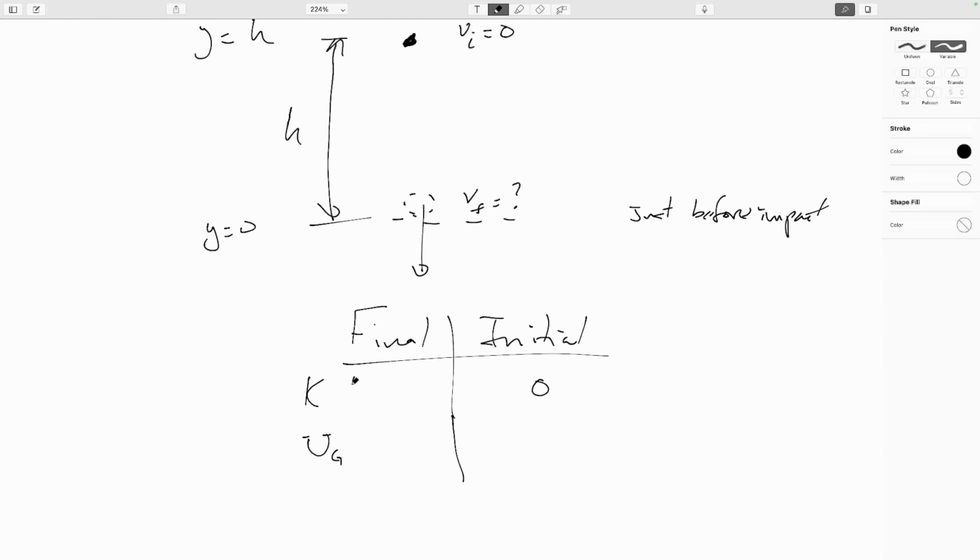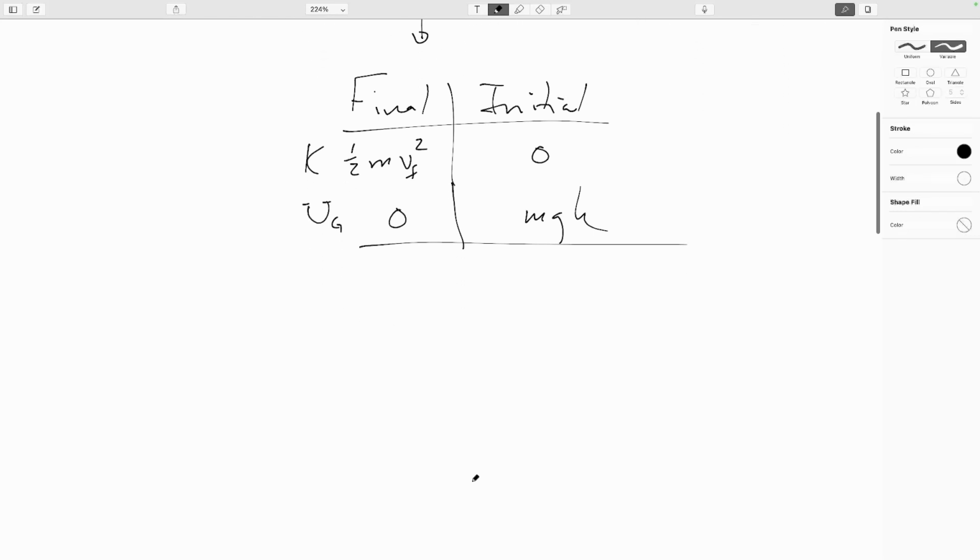At the end, it's going to be 1/2 m v final squared. And at the end, because I put y equals 0 at the bottom, the potential energy is 0 there. The initial potential energy will be mg times the y coordinate up here, which is h. So mgh.